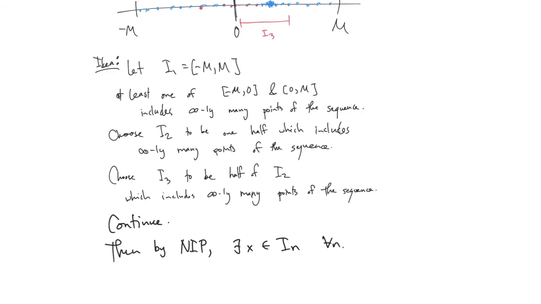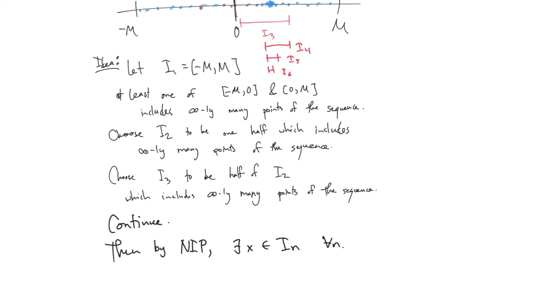So on the picture, it would look something like, in this case, I4 would look like that half. I5, I guess, would be this half. I6 would be half of that. I'm not sure actually which half based on the picture there, but you can keep on zooming in and in and in.